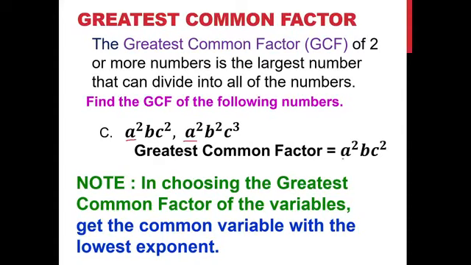That's why we have here a squared. For the variable B, the lowest exponent is 1, or simply B. For the variable C, the lowest exponent is 2. That's why we have C squared here. That's how you get the GCF of variables. You get the common variable with the lowest exponent.